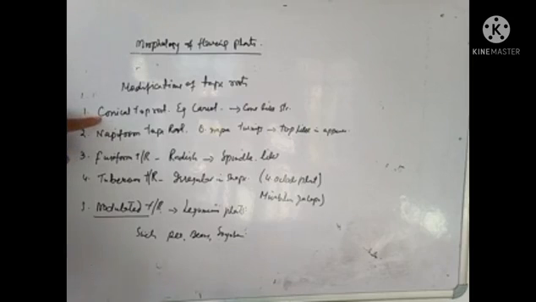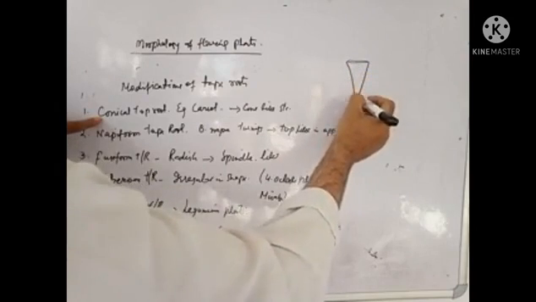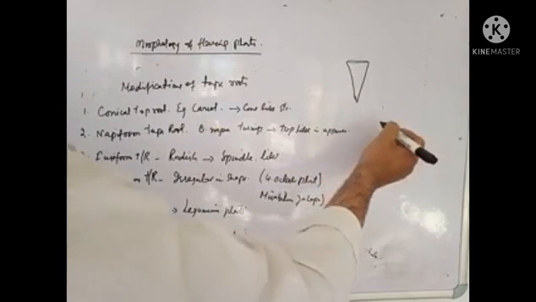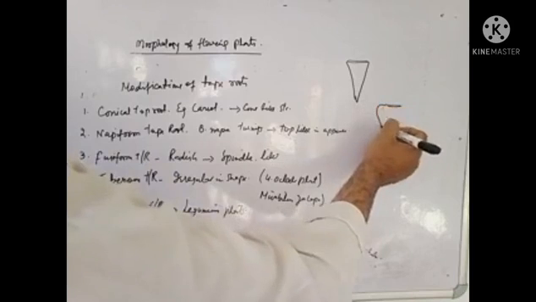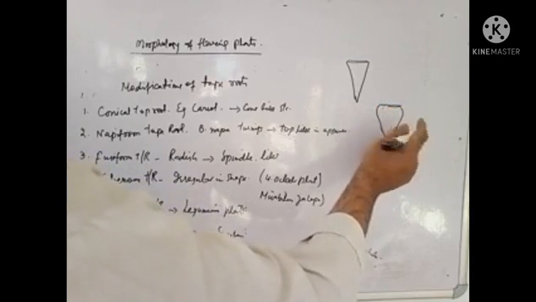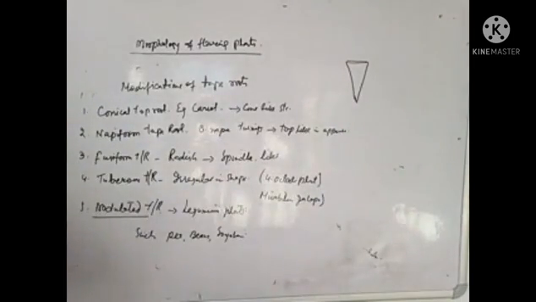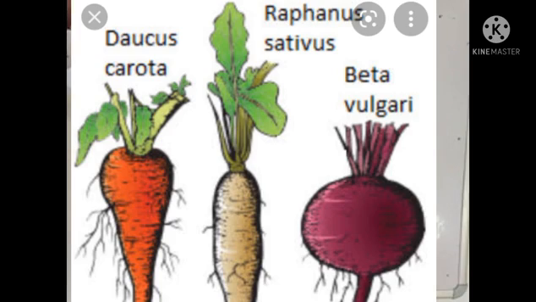Conical taproots, cone shaped. Napiform taproot is top-like in appearance. We'll draw the structure like this.